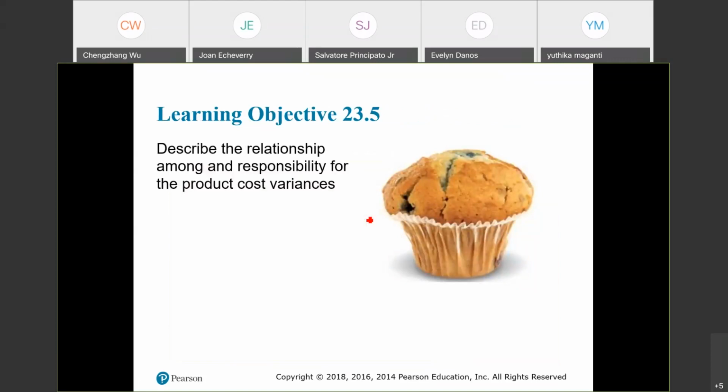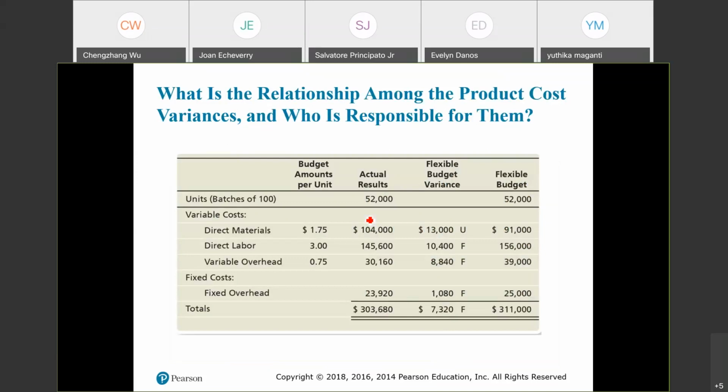So next, let's describe the relationship among and the responsibility for the product cost variances. Now that we have looked at the individual product cost variances, let's look at the big picture.